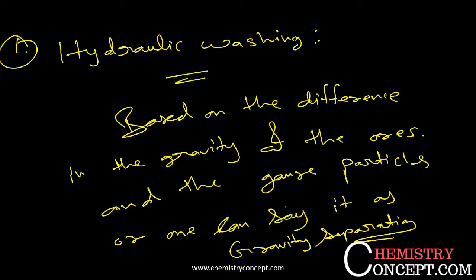Because of this gravity only, suppose one having less gravity, another having more gravity, based on this gravity we will use to separate this by water. So this is the hydraulic washing.